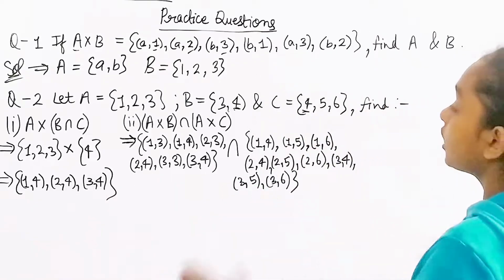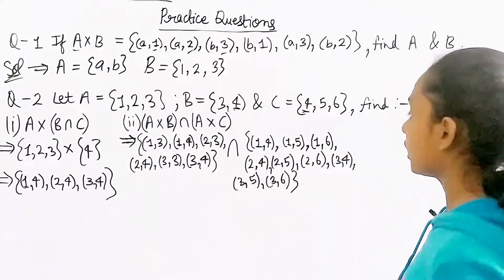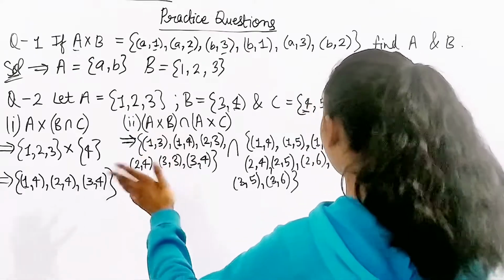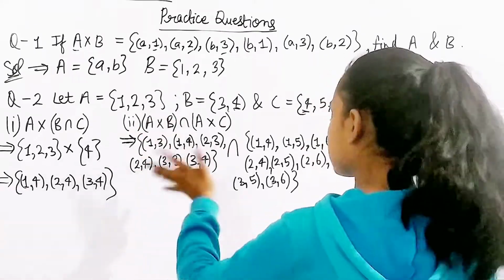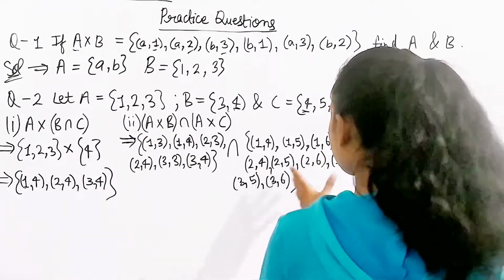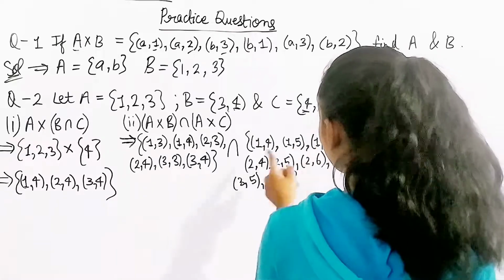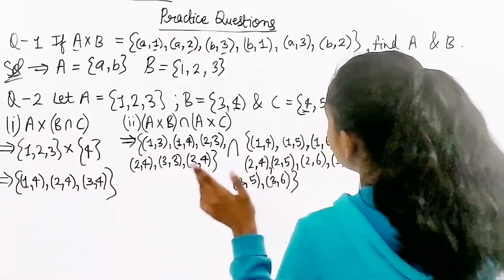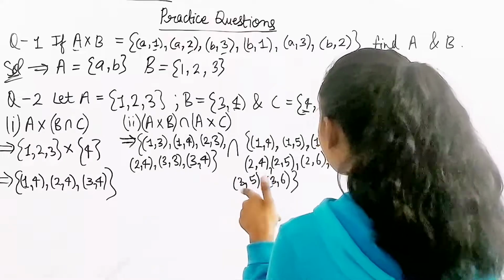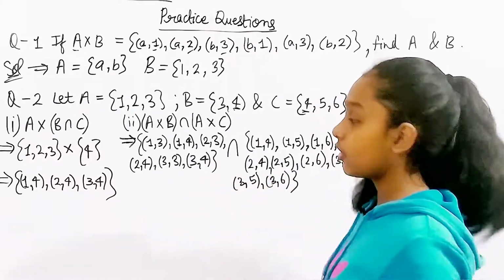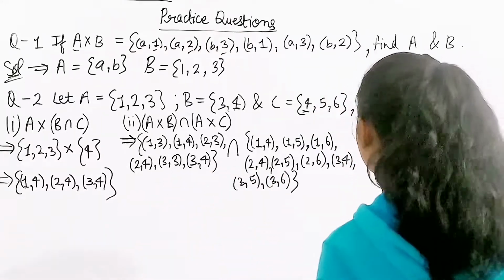Okay, done. So it was really big. So let's have a look. How many pairs are we having in the first? There are 9 pairs, and 6 pairs we're having here.